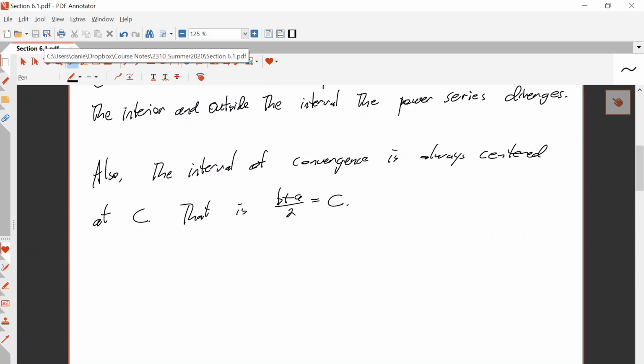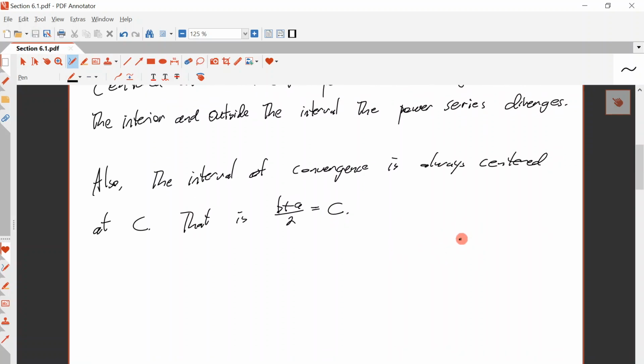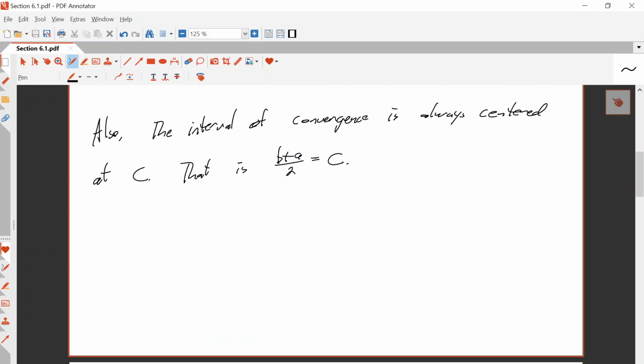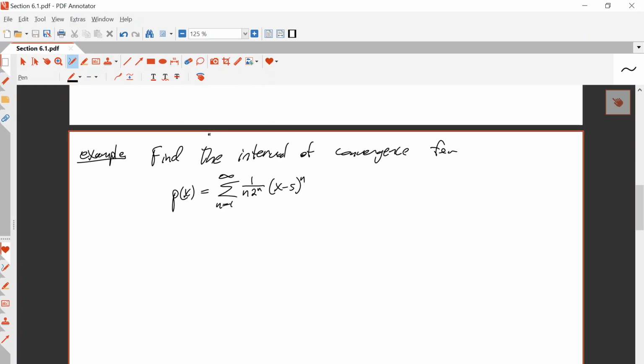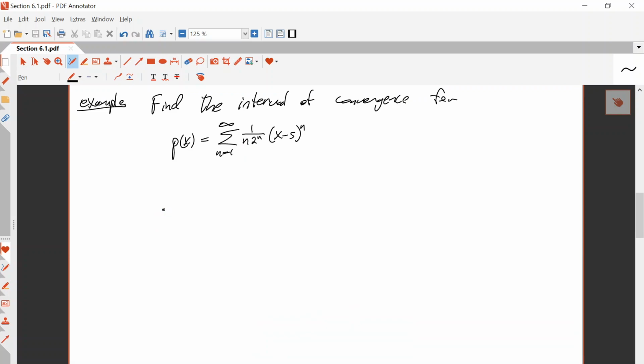Okay, so that's always the case. All right. So let's find the interval of convergence for this power series here.